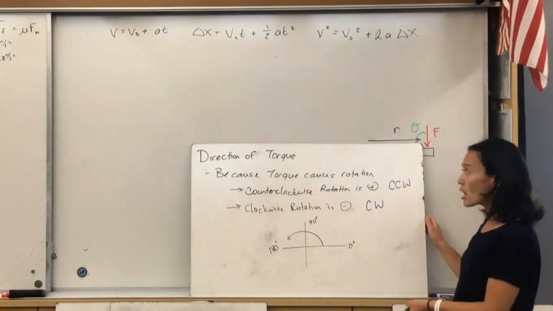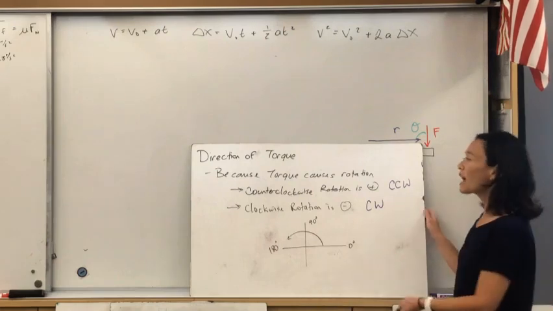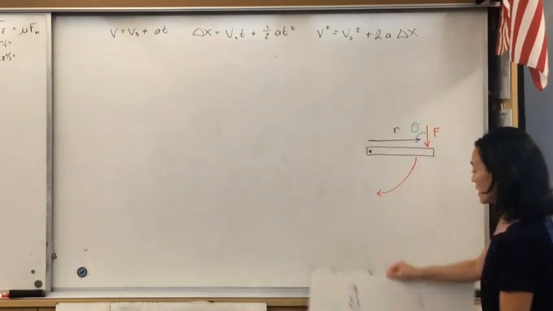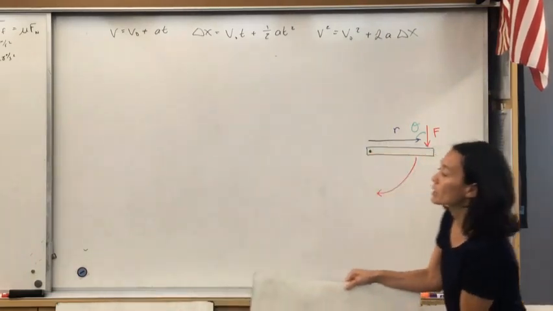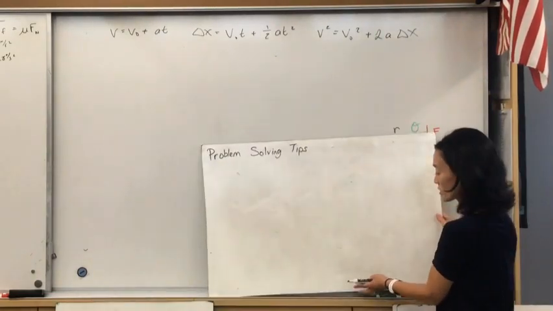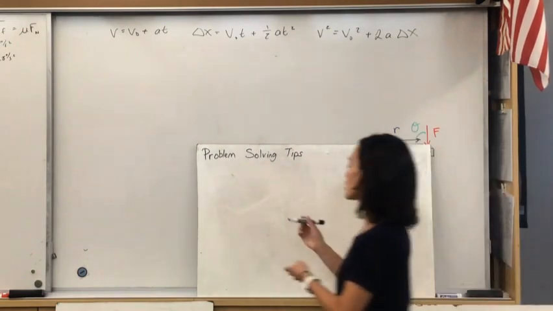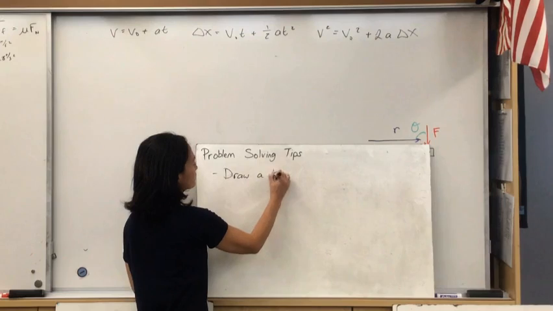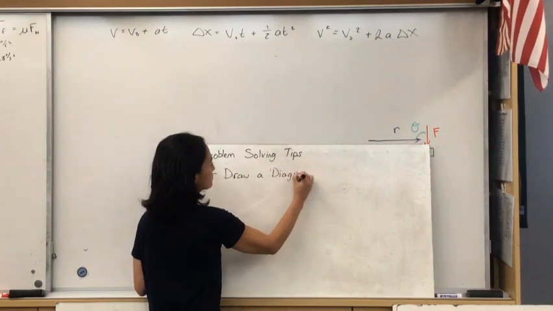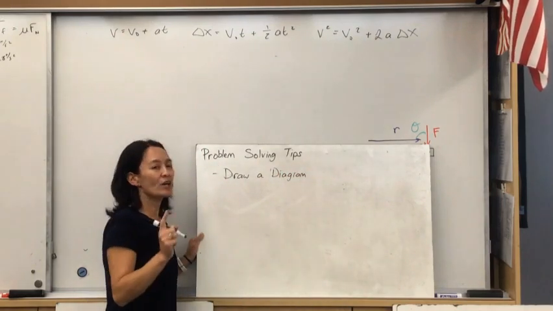In terms of how do we problem solve, very similar to forces in that we're gonna start with doing a diagram, then we're gonna look at net torques. Okay, so very similar problem solving. We are going to draw a diagram. We have to add on something here though too.